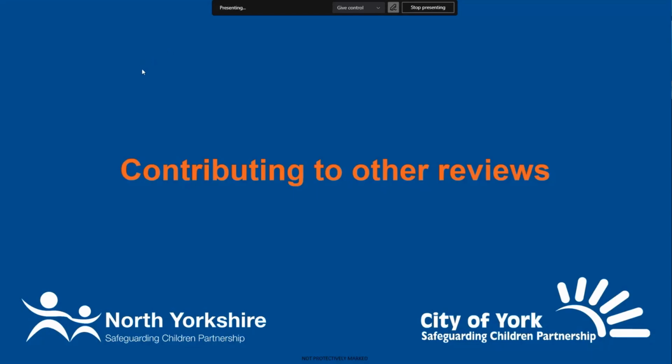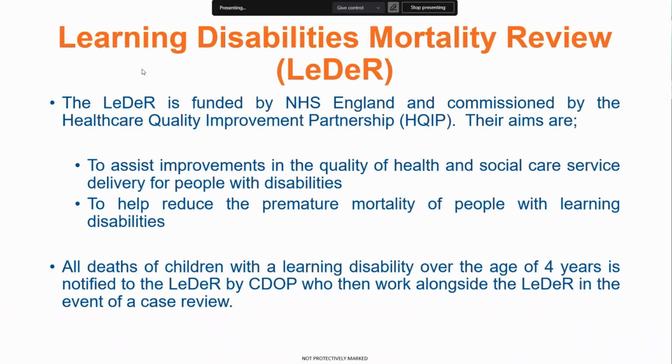Other types of reviews which the CDOP might contribute to include LeDeR, which is funded by NHS England and is commissioned by the Healthcare Quality Improvement Partnership. The aim of this is to assist improvements in the quality of health and social care services delivered for people with learning disabilities, and also to help reduce the premature mortality of people with learning disabilities.